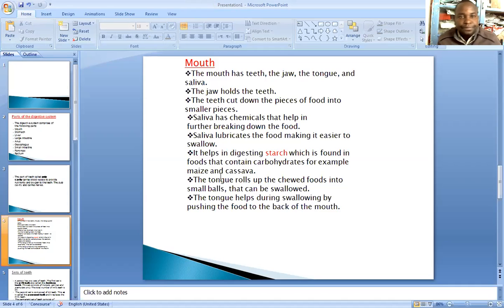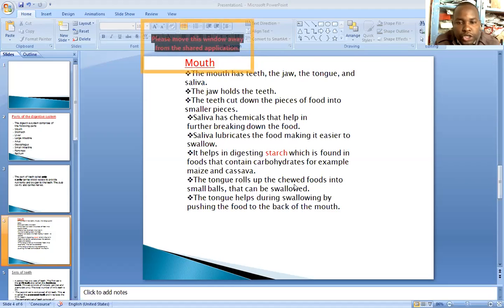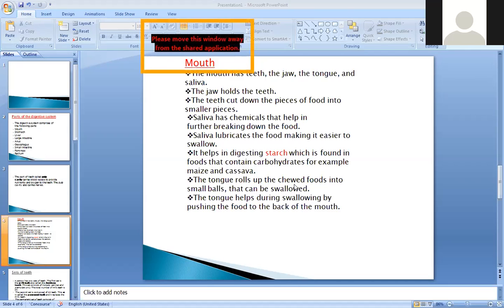Now the tongue rolls up the chewed food into small balls that can be swallowed, and the balls are called boluses. The tongue helps during swallowing by pushing the food to the back of the mouth, then it moves down through a process called peristalsis. Peristalsis is the movement of food down the gullet.